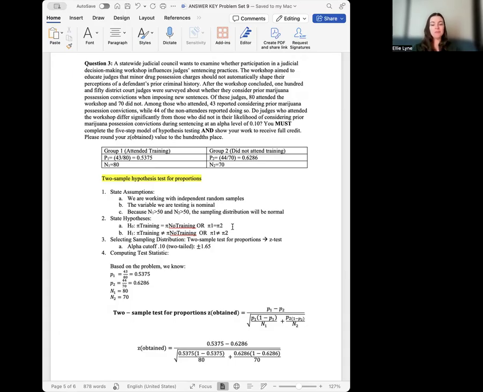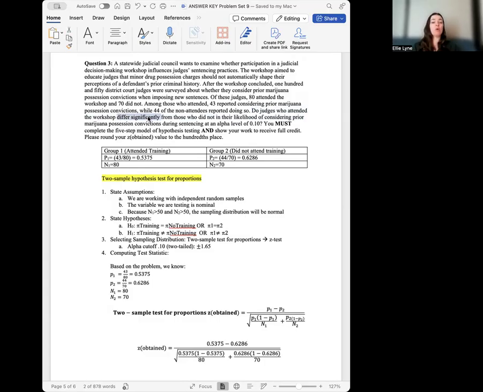No difference there. Here, though, I see that our key in our research question is, do judges who attended the workshop differ significantly from those who did not in their likelihood of considering prior marijuana possession convictions during sentencing? So here, our key word is differ significantly.